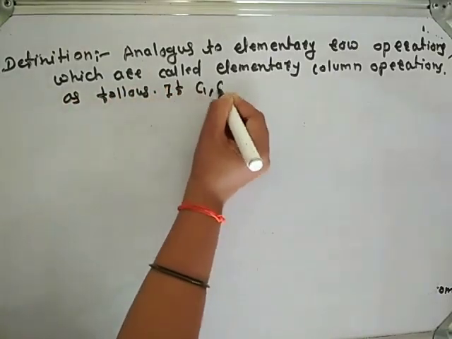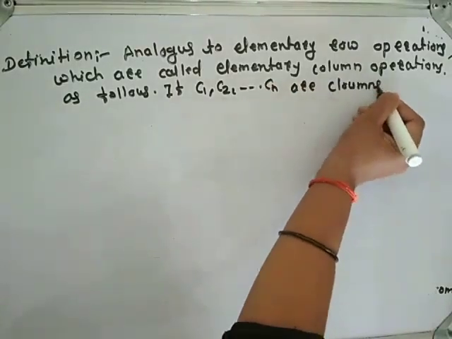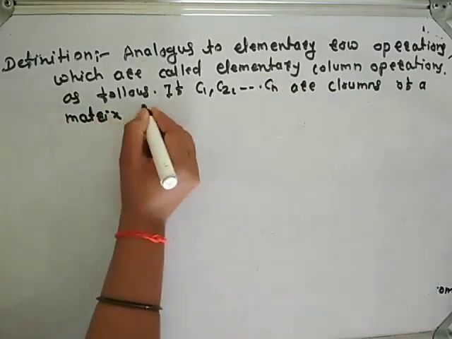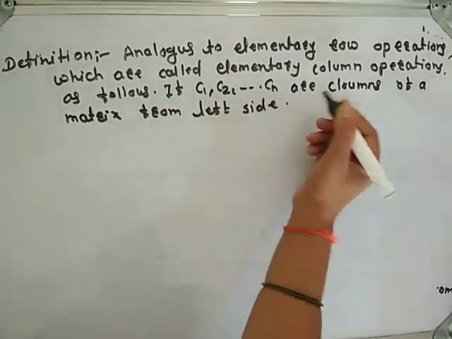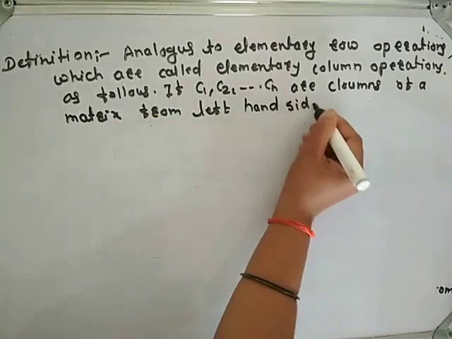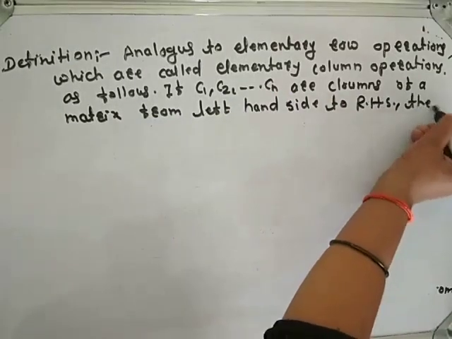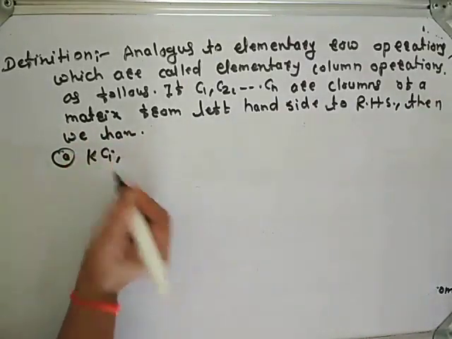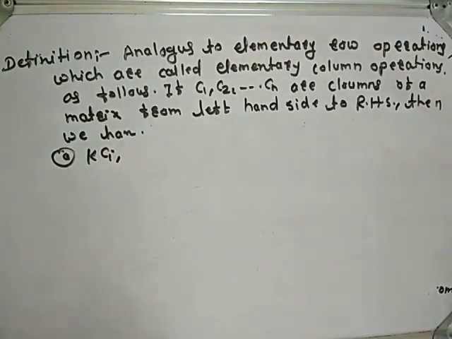If C1, C2 and so on, Cn are columns of a matrix, from left hand side to right hand side, then we have: first, k into Ci, where k is not equal to 0, means multiply the ith column by a constant k.